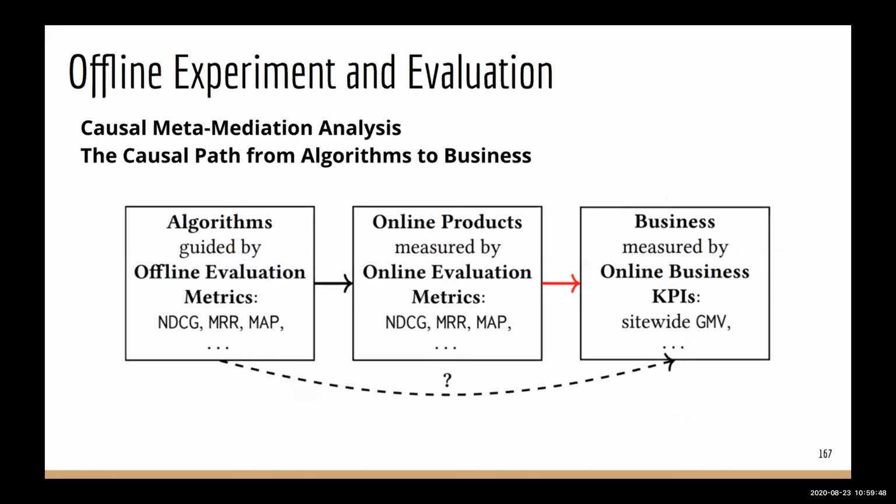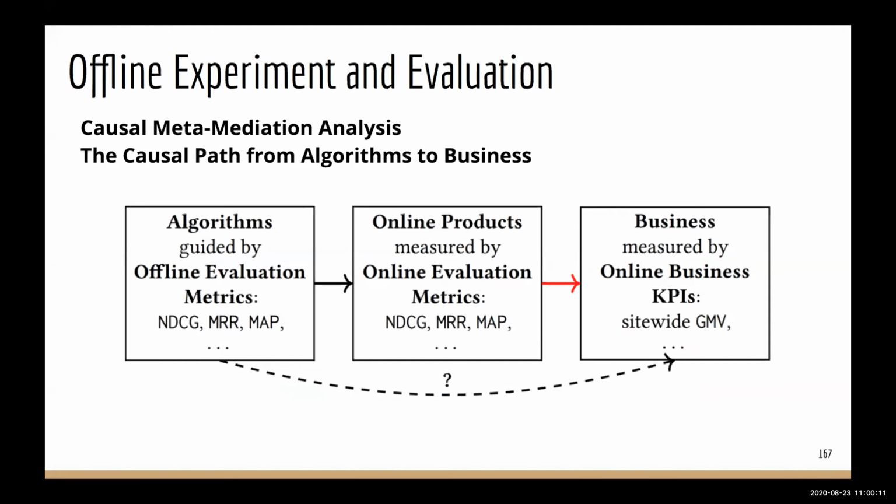So remember the offline and online experiments. In offline experiments, our machine learning models are optimizing things like NDCG, MRR, MAP. This is where you train your models, you tweak your model, and so forth, and then you launch it online.